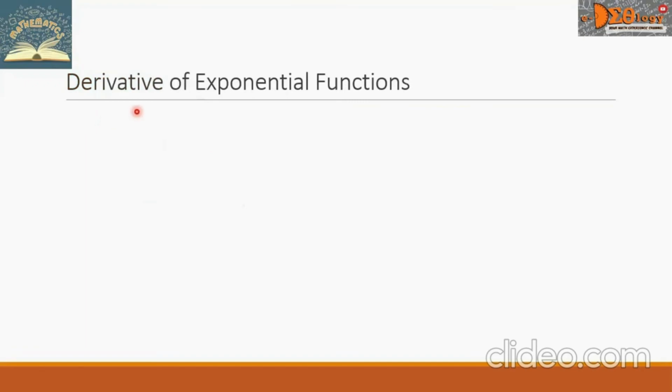We will study now the derivative of exponential functions. Let us write the formula. The first one is d over dx of e raised to x, and this is equal to e raised to x. It means whatever the function we see here, we will just copy here.